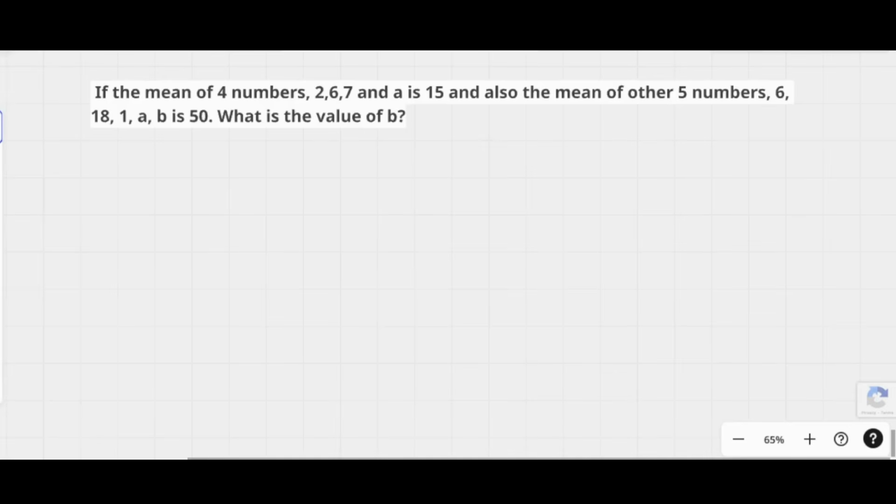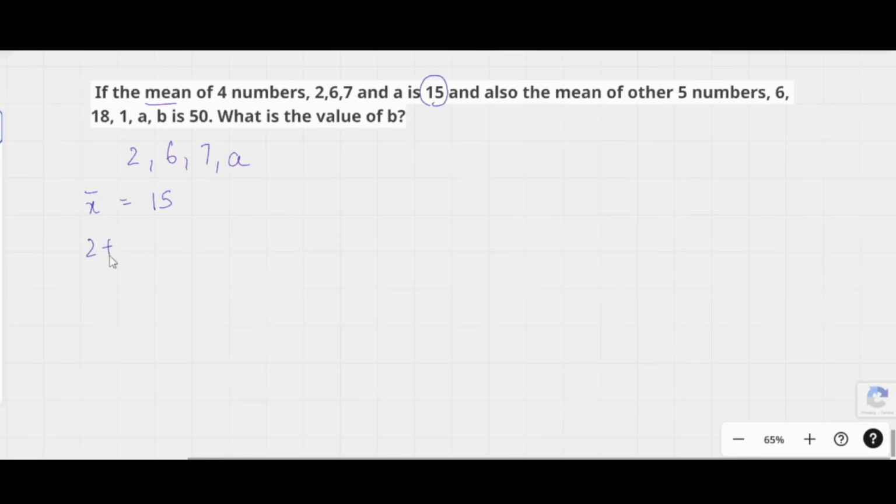Yes. If the mean of 4 numbers 2, 6, 7 and A is 15. So they have given some numbers 2, 6, 7, A, and they told that the mean is 15. So write down X bar for these 4 numbers is 15. What is X bar? Sum of all these 4 observations divided by the total number of observations.